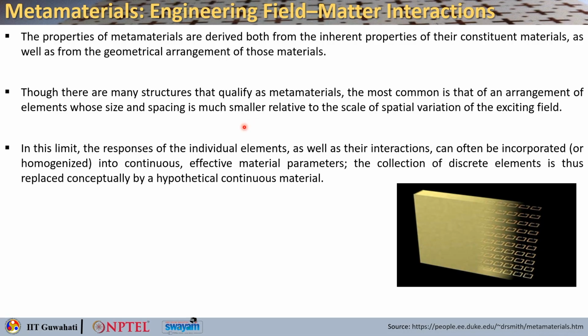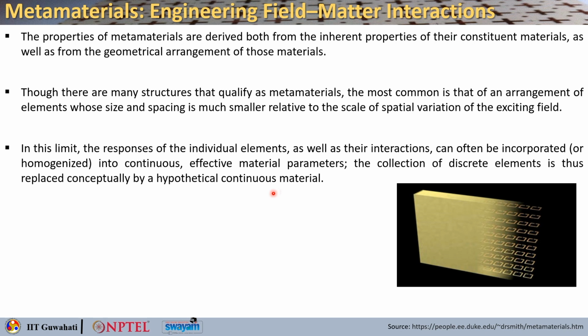So, in this limit, the responses of individual scatterers as well as their interactions can often be incorporated, or homogenized, into continuous and effective material parameters. So, you can get epsilon effective and mu effective. Okay.